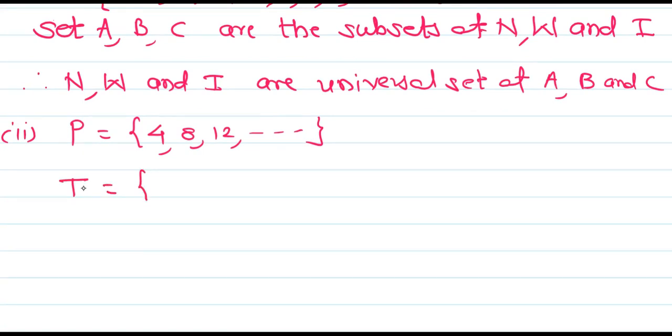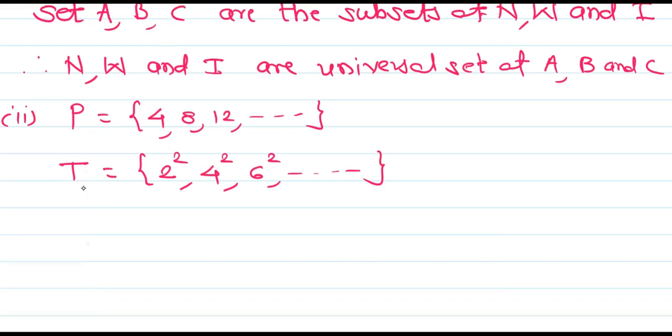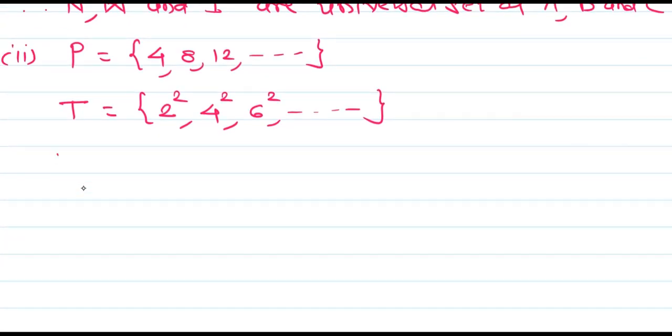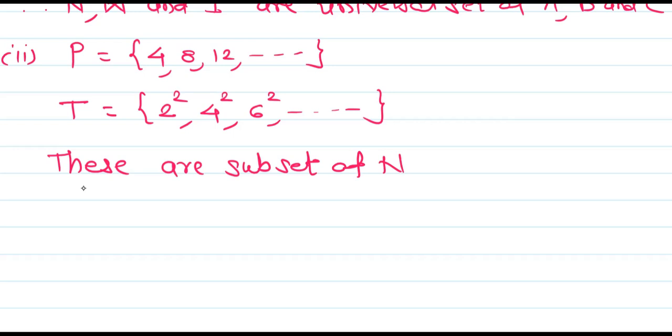Set of even square numbers, that is 2 square, 4 square, 6 square. These are the subsets of N, W and R.